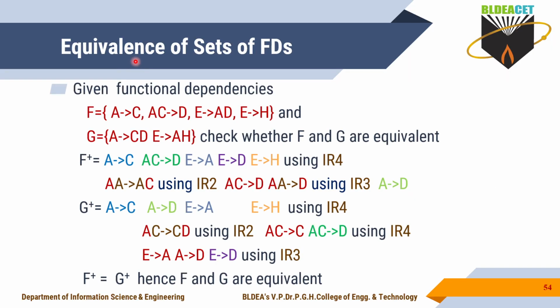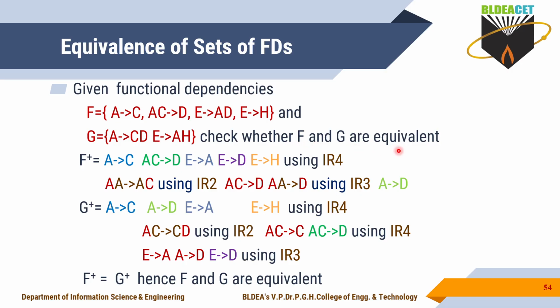Let's see the same equivalent sets with one example. Here are two functional dependency sets, F and G. F contains A determines C, AC determines D, E determines AD, and E determines H. In the same way, A determines CD and E determines AH are the functional dependencies available in G. Now our aim is to check whether F and G are equivalent or not.